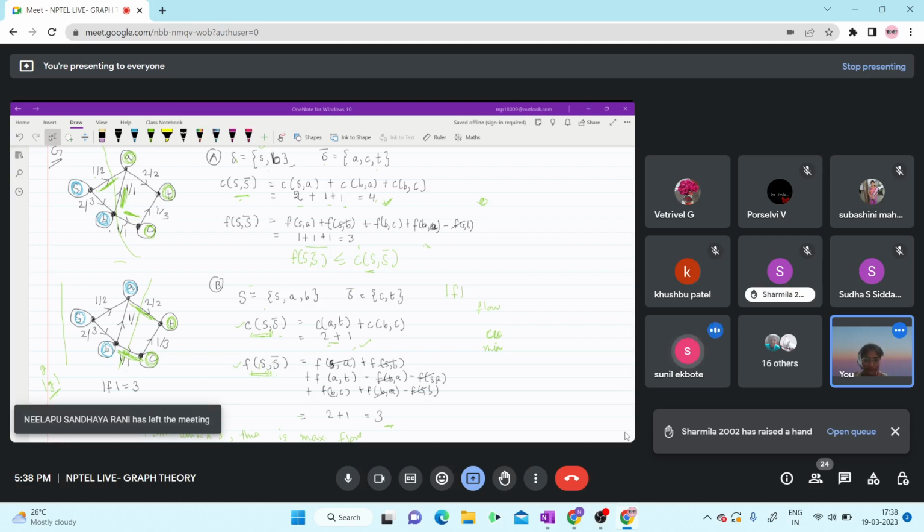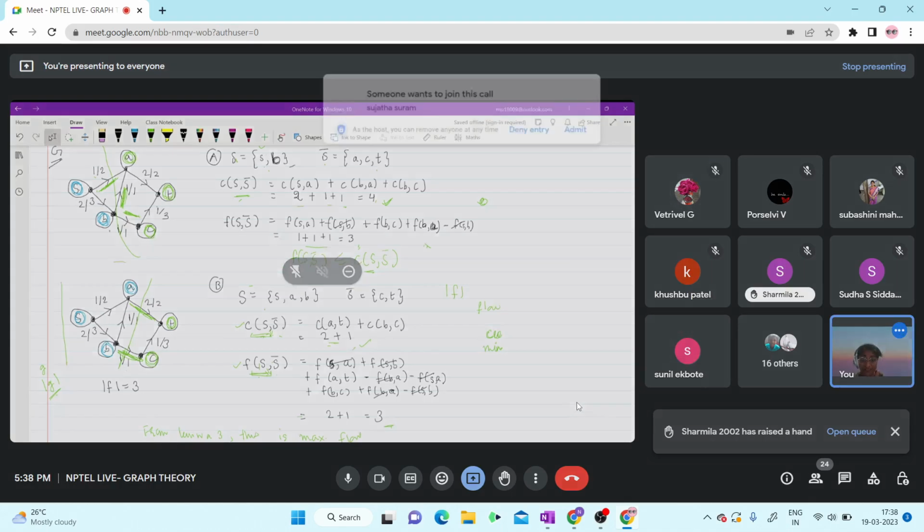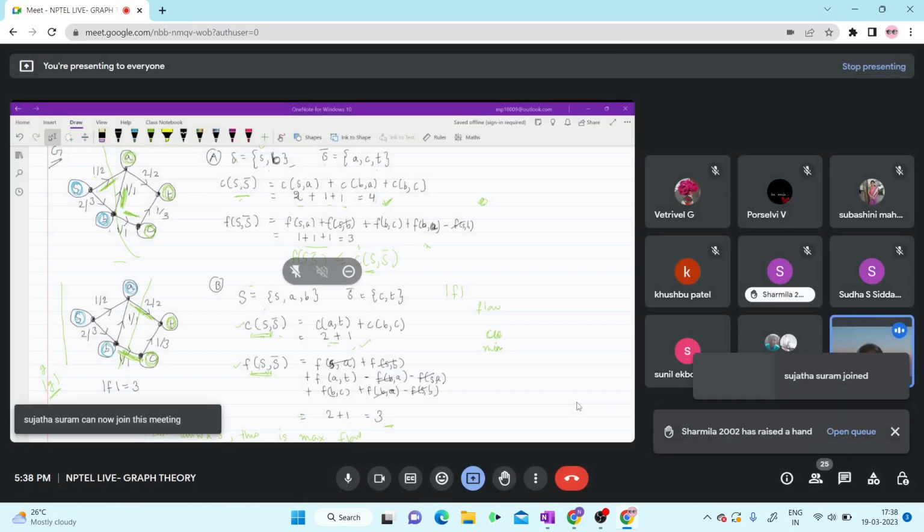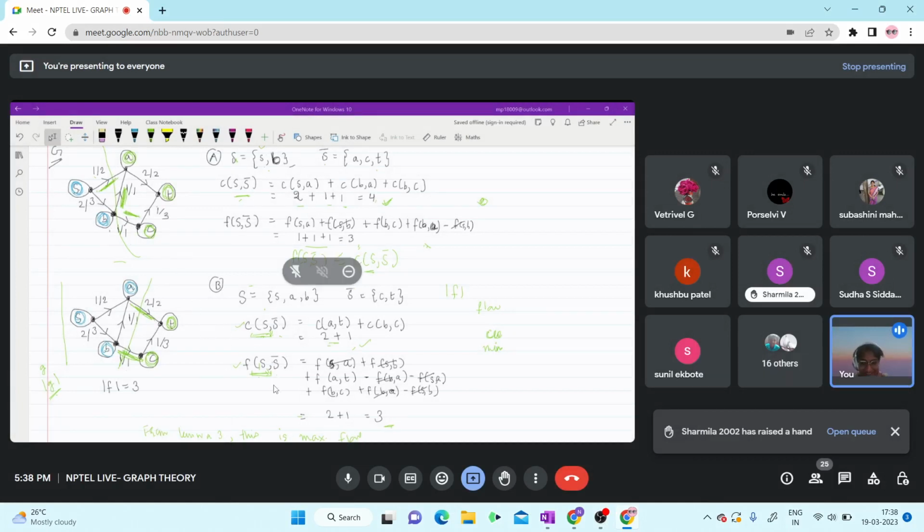So if the capacity of the cut is minimum, then the flow is maximum. This is the max flow min cut theorem. So finding the maximum flow is the same as finding the minimum cut.